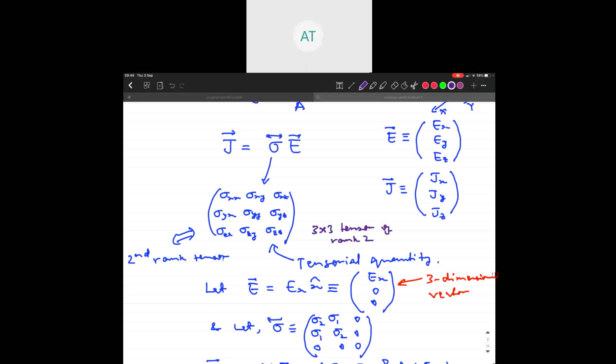We require basically two indices to represent these quantities, and that's why subscript xx, right? Whereas the dimension, this 3, is basically a dimension, and this one is leading to rank 2.